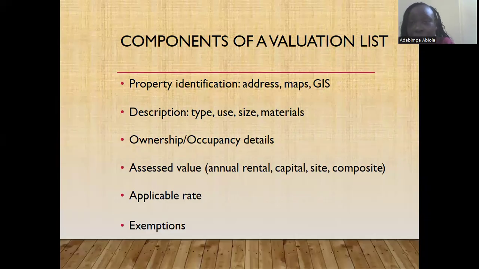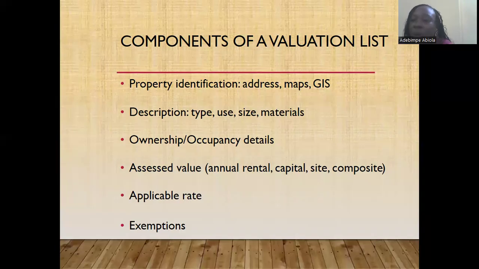If it is possible for you to get the locational map and also the coordinates, that is very important. Then you need to describe such property in terms of type, use, size, accommodation details or constructional details. And for any property that is being assessed, you have either ownership or occupancy details.